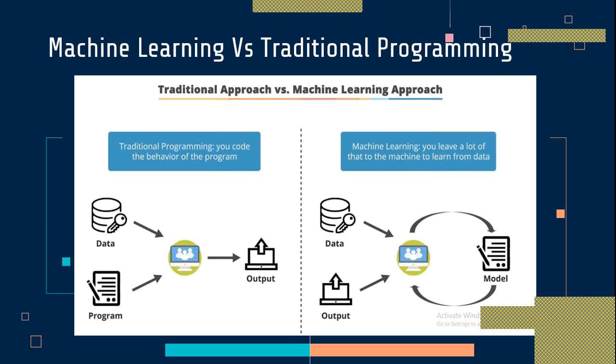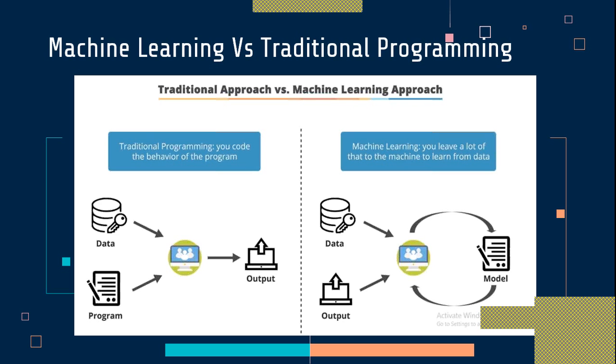But in machine learning, you can see that there is no programming at all. What we are doing here is giving a model, not an output. Why? Because we are giving the output as an input along with the data. So what output you want, you have to tell me first.